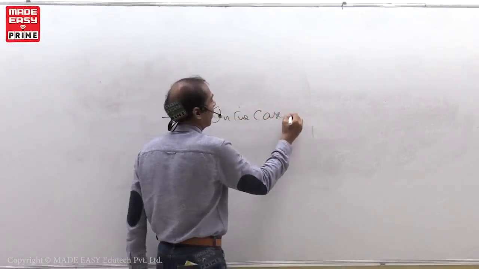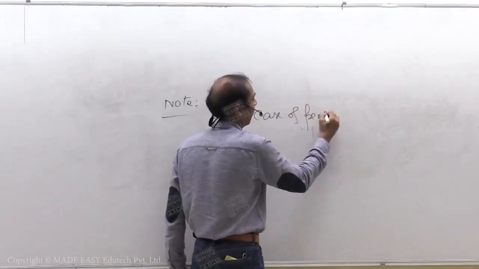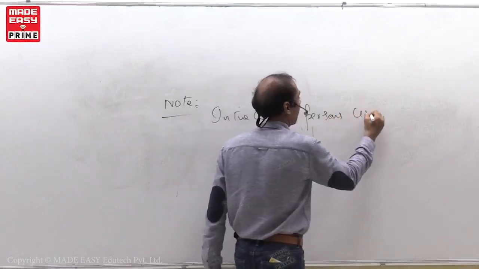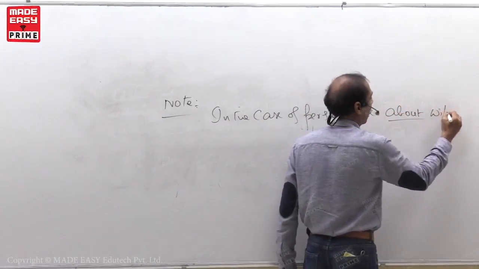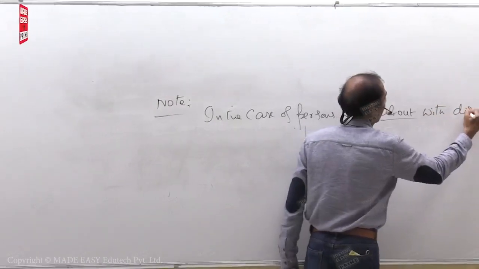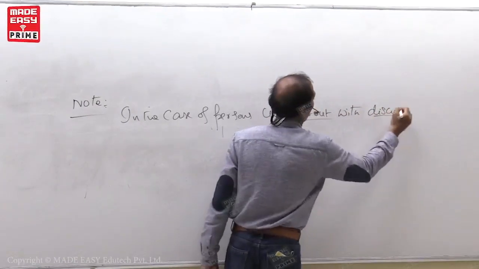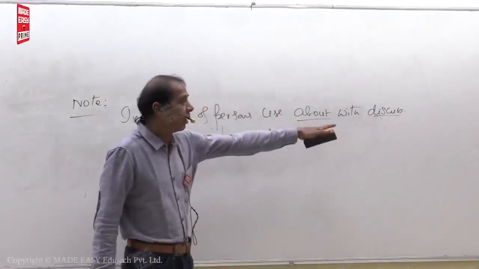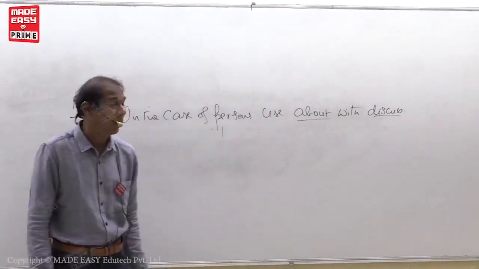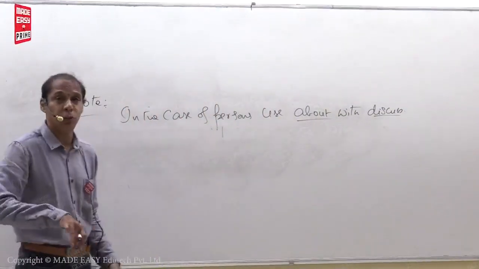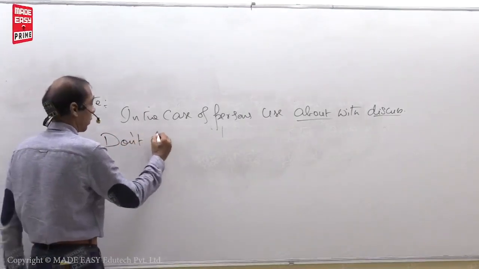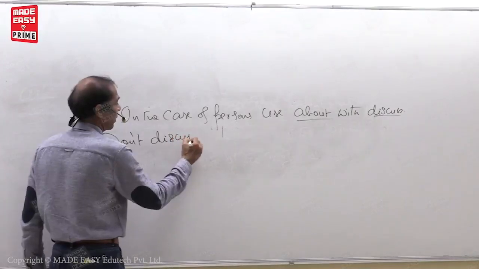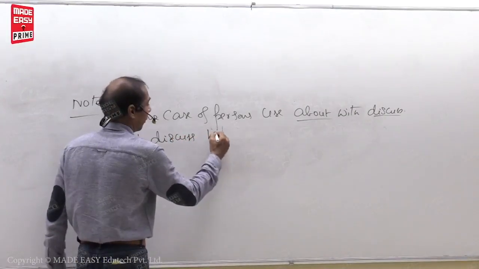In the case of persons, use about with discuss. See, generally the word discuss does not take about, but in the case of persons we have to use. It means, see, don't discuss him.